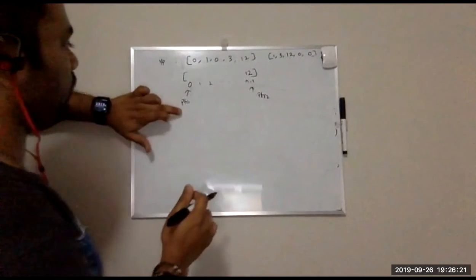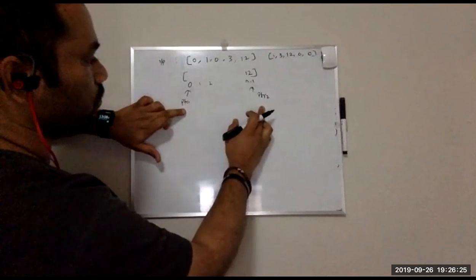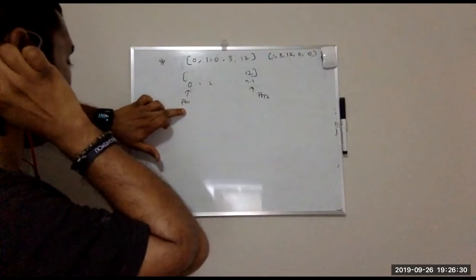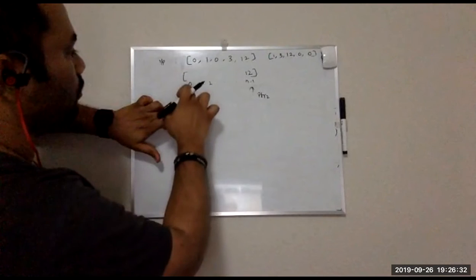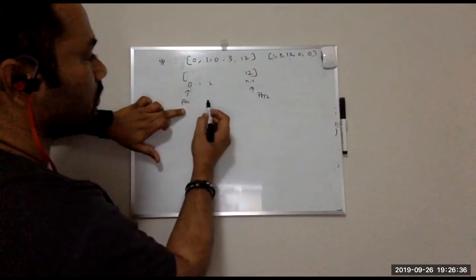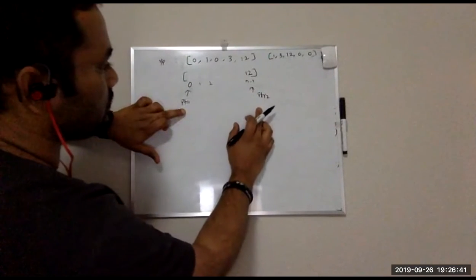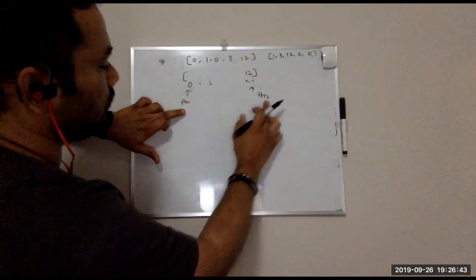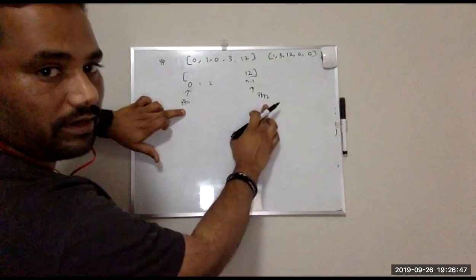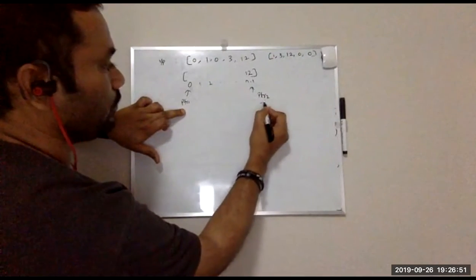So we'll check if pointer 1 value is 0. Then we need to move this 0 to the last position, right? So we just need to check whether pointer 2 is holding 0 or not, right? If it is holding 0, we decrement our pointer 2.